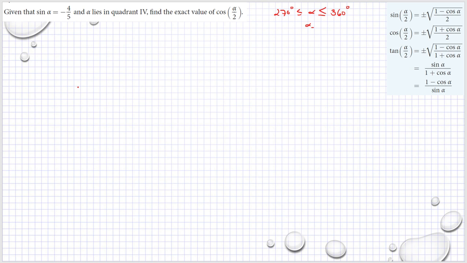So alpha over 2 means 135 degrees to 360 divided by 2, 180 degrees. That means it is in the second quadrant. This is the fourth quadrant, but this is on the second quadrant.